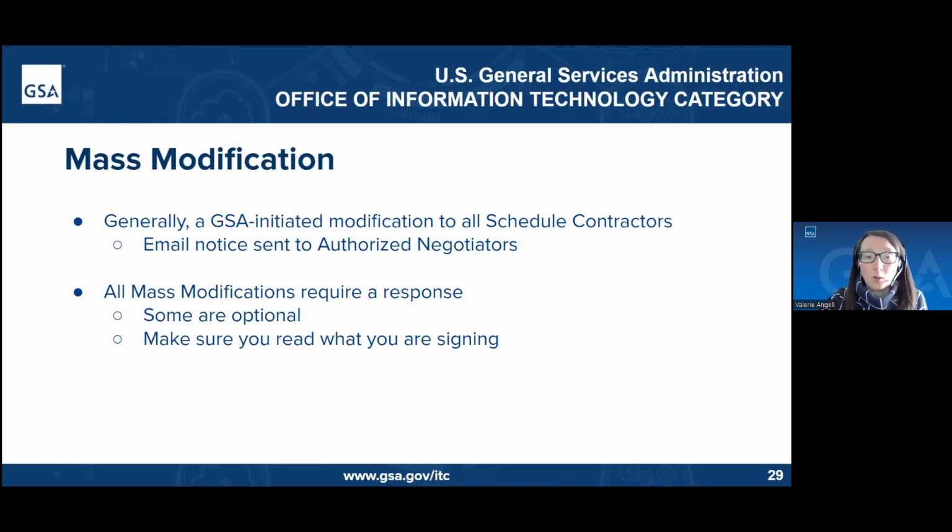But I should note that only authorized negotiators who have the authority to sign designated to them in our system can take action on the mass mods. Mass mods now use multi-factor authentication to log in. There is a user guide on the mass mod homepage if you need more information about setting that up, just to keep things more secure.